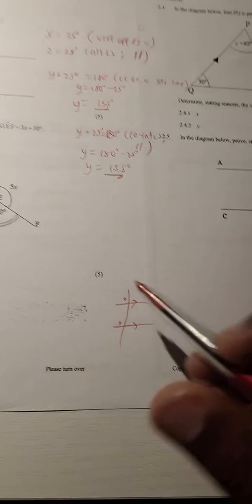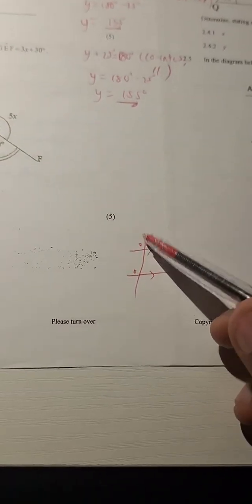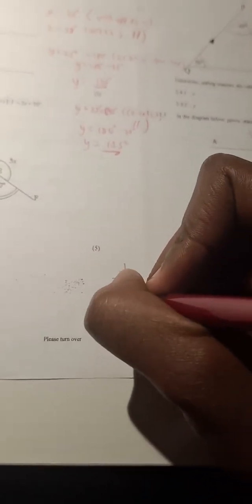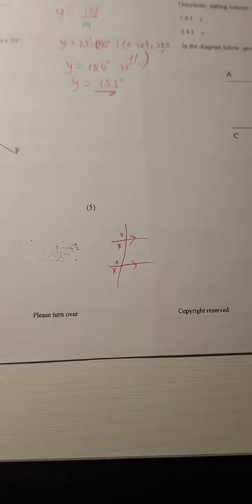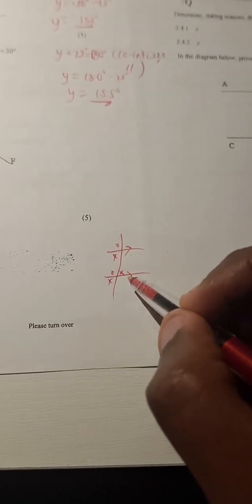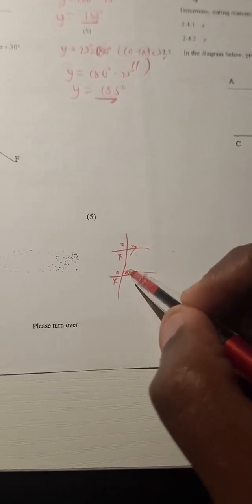If the lines are parallel, it means top on the same side, we are equal. This is corresponding. Or bottom, we are equal, corresponding angles. Does that make sense? Or if we see Z shape, this angle and this angle will be equal. Vertically opposite, we are equal anyways. If we're seeing Z shape again, there's another Z, this angle is equal to that one.